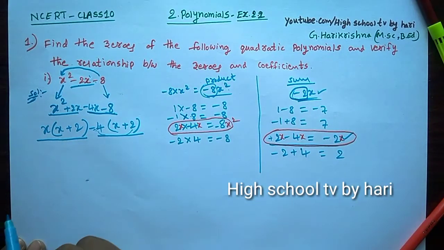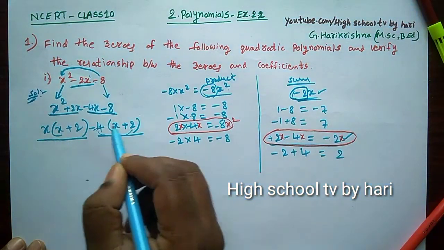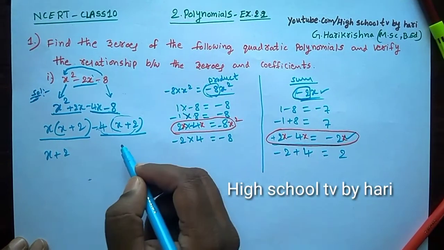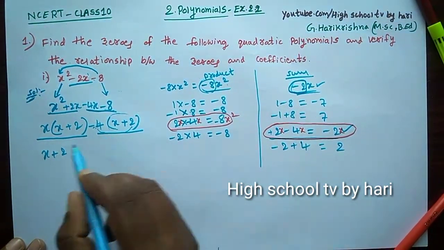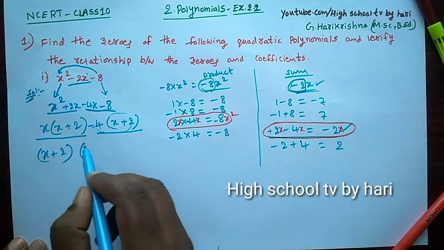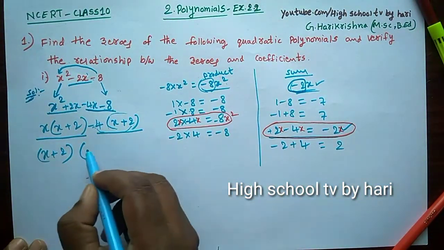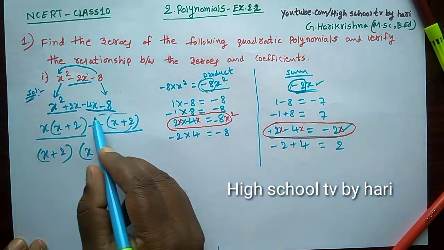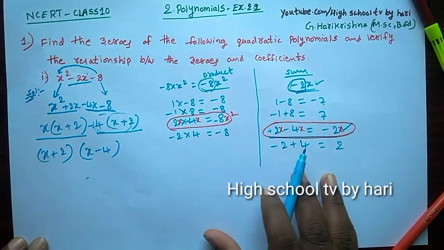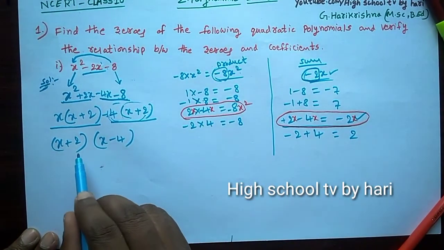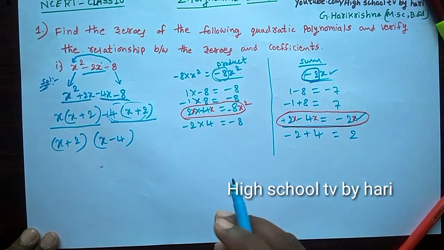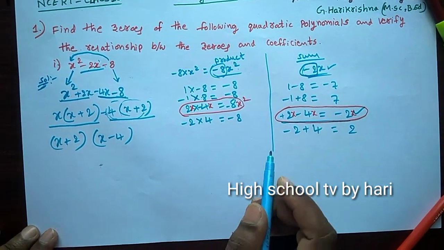Now from these, are there any common terms? x plus 2 is common. So x plus 2 is taken outside; remaining from the first term x, and from the second term, minus 4. So the factors are x plus 2 and x minus 4. How to get the zeros?